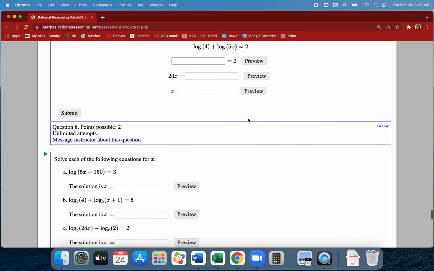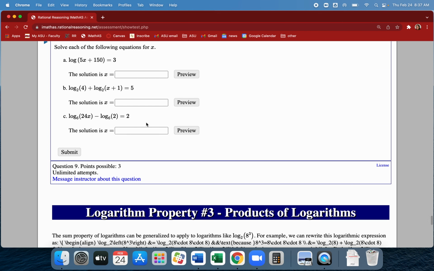But some of these other equations down here, like log base 6 of 24x minus log base 6 of something, there's a log property above that shows you how to combine these together. They're both log base 6s. Just like if you have a couple of expressions with 6 to a power in them, depending on how they're connected, you can sometimes use exponent properties to combine or condense or rewrite.